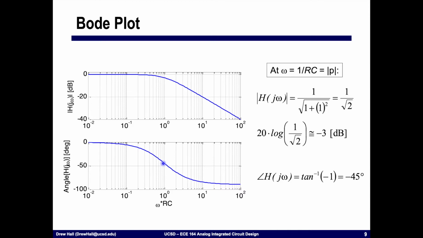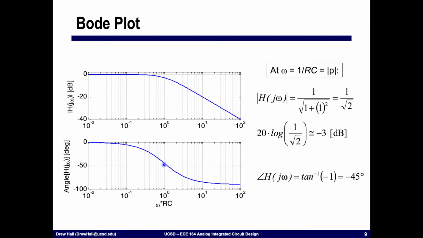The reason is very simple: you get a lot more dynamic range. The 3 dB point is actually rather difficult to pinpoint on this plot, whereas the phase, since it starts an order of magnitude earlier in the frequency response and ends an order of magnitude later, gives you much more precision in finding exactly where that pole is.